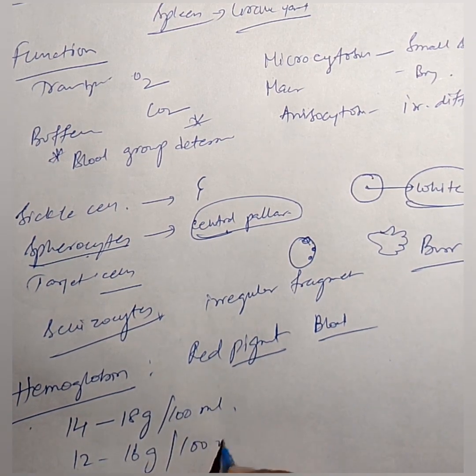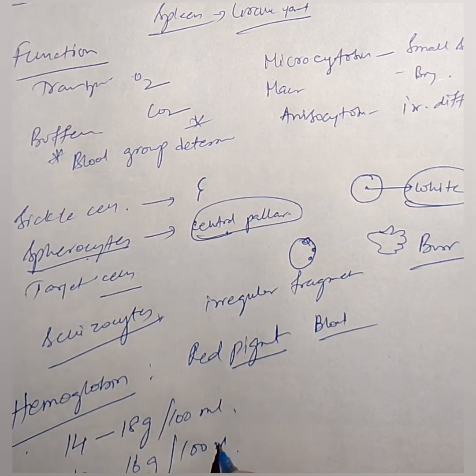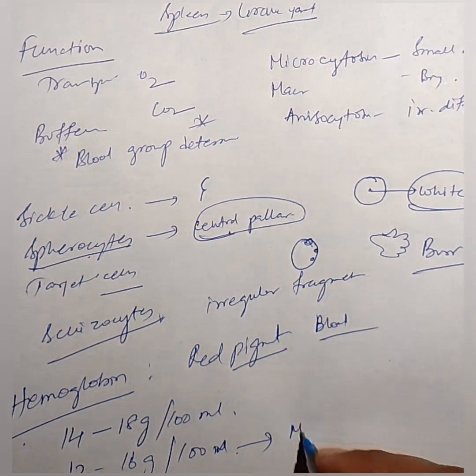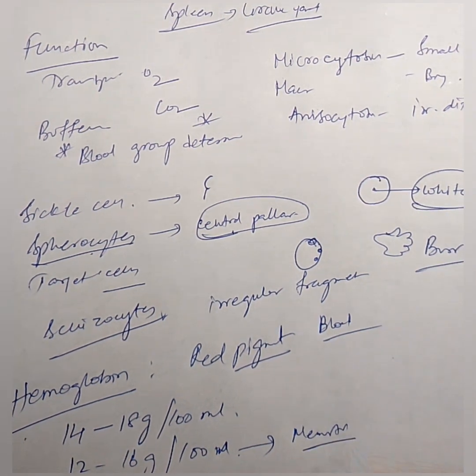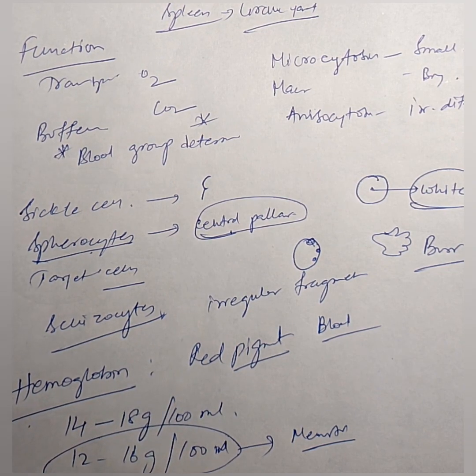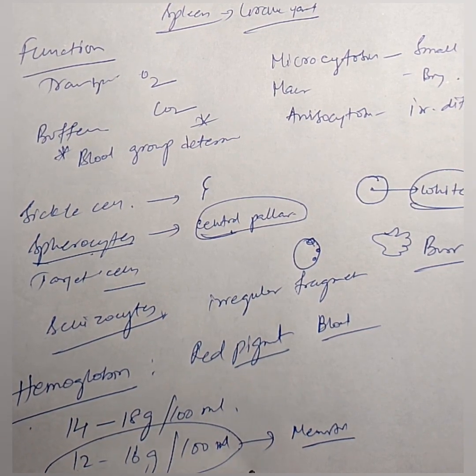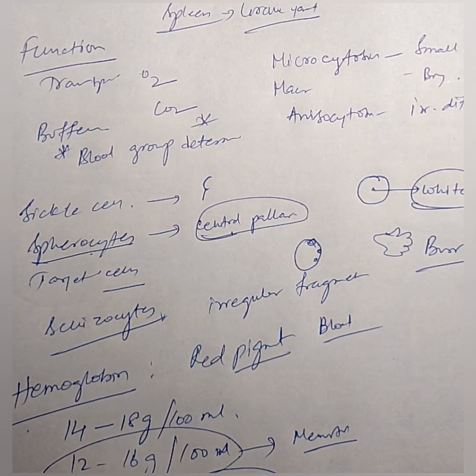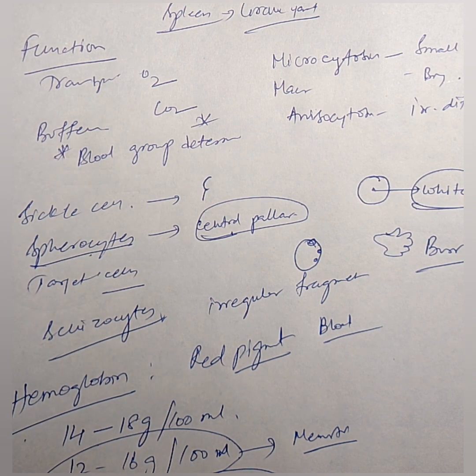This is the normal condition, because in females it is less because of the regular menstrual flow. In infants it is 18 to 23, because they have more hemoglobin, because their RBCs are very active, and these RBCs have a large affinity to collect oxygen.